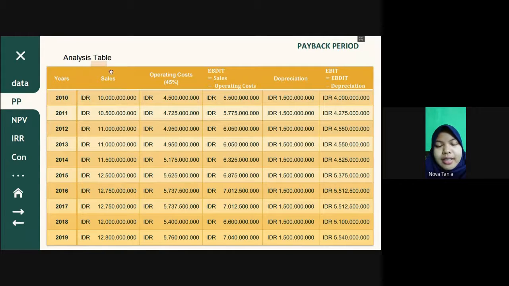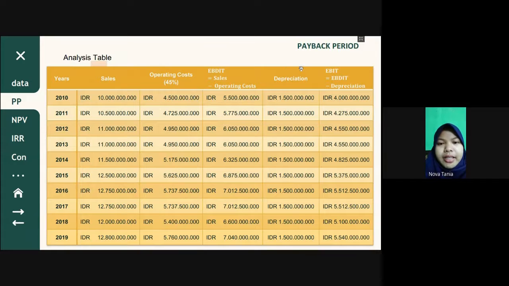The first and second columns we have from the question, and the next column is operating cost, 45% times the sales, and then the EBITDA, earning before depreciation, interest, and tax. The formula is sales minus operating cost.